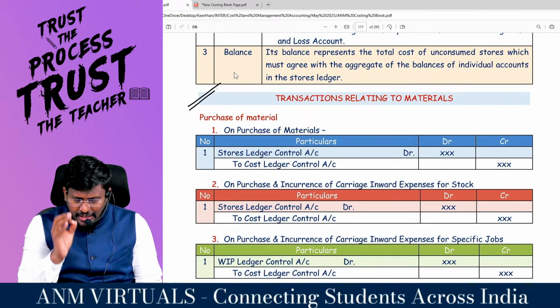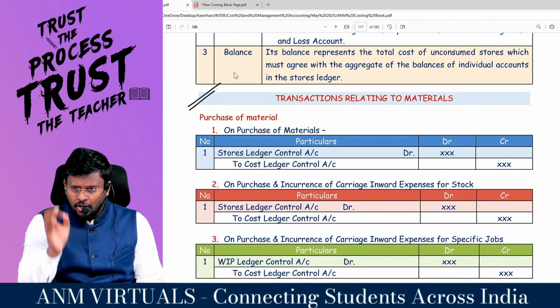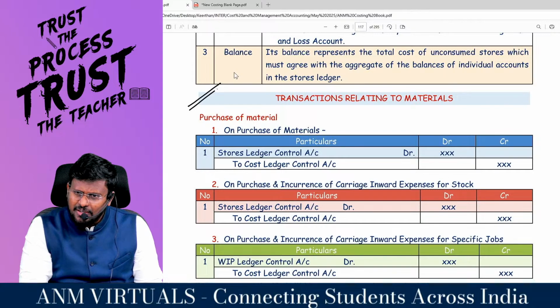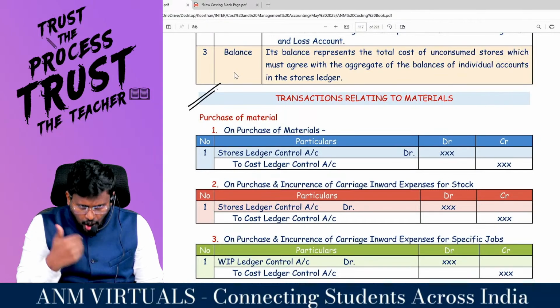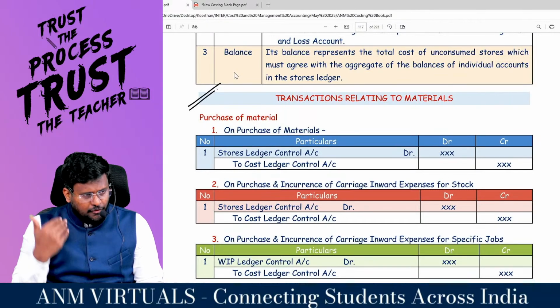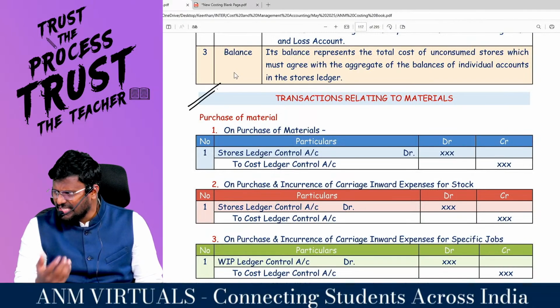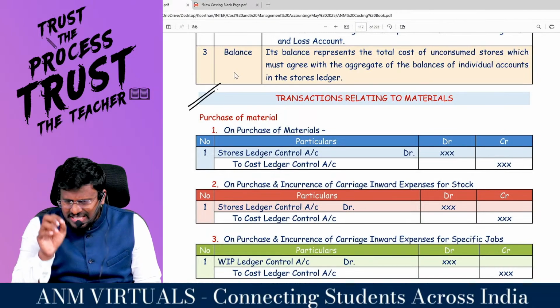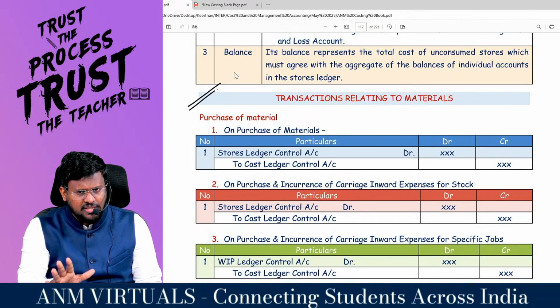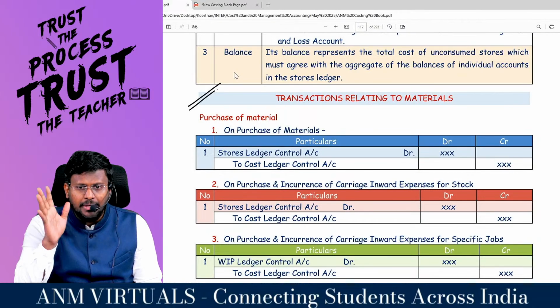Is raw material, WIP, finished goods an asset? Yes, sir. When an asset increases, my dear lovable students, we have to debit the asset.